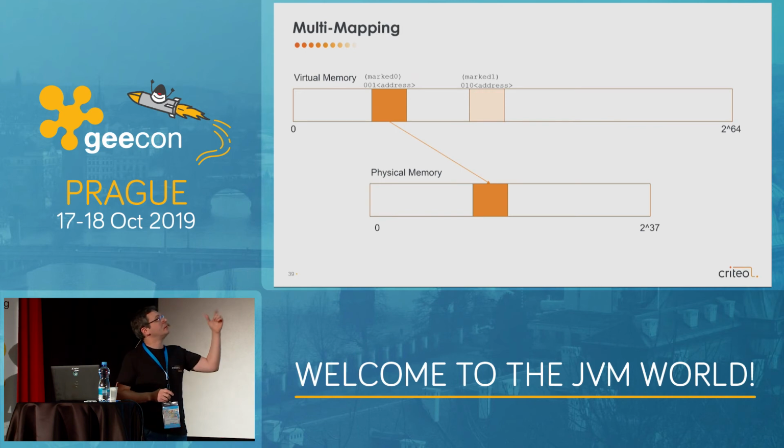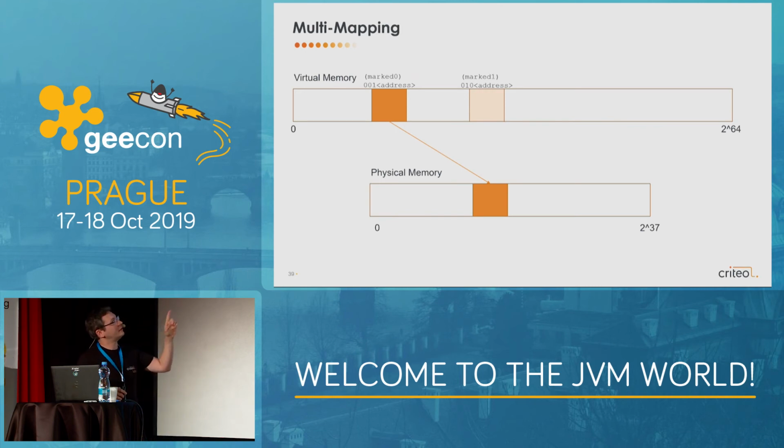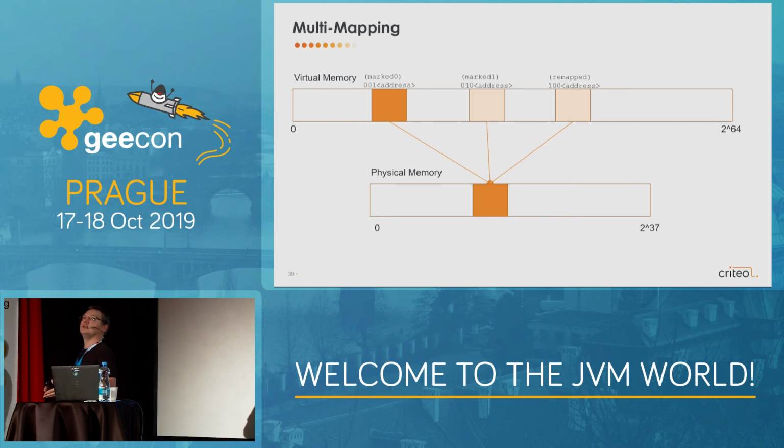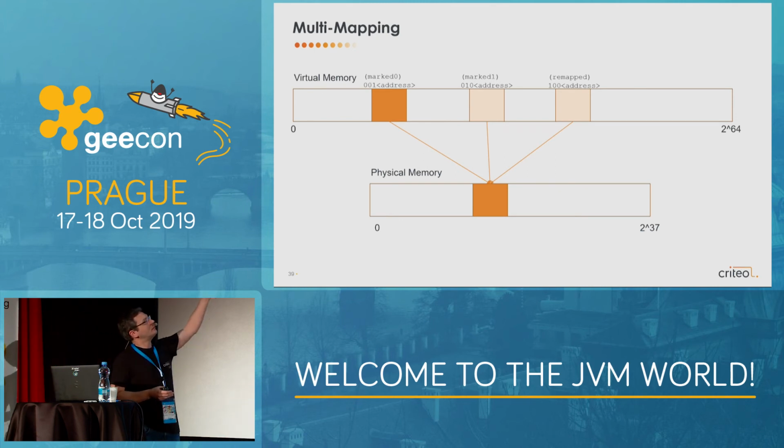Then the other metadata is set, so we have another virtual page backed by the same physical page. And for the other metadata information, we have multiple pages backed by the same physical page. So for each phase of the GC, we will be able to access the same data with different addresses. That's why it's called multi-mapping.